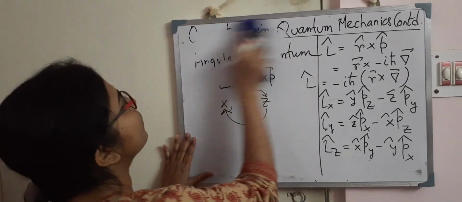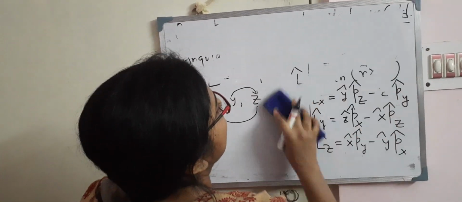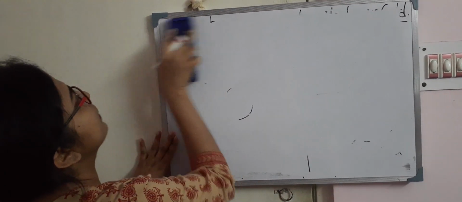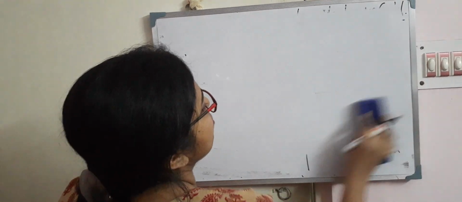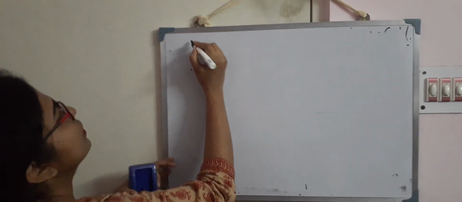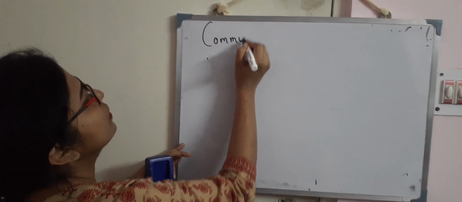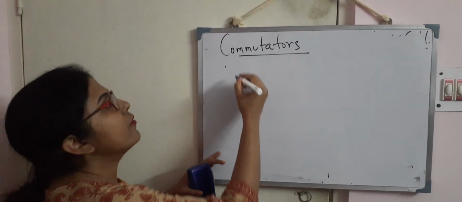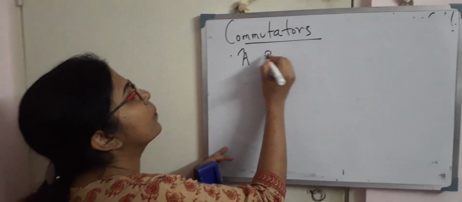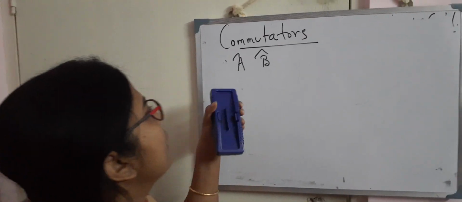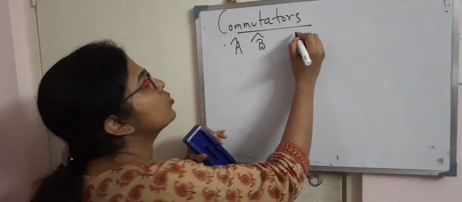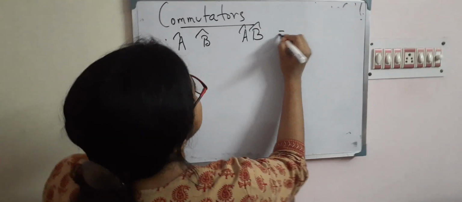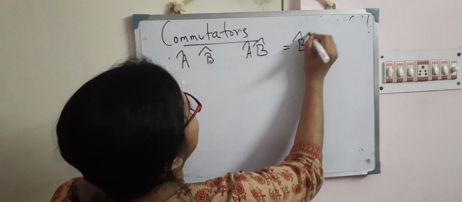We will talk about what commutators are, and about the commutation relation of different operators. Let us talk about commutators. What is meant by that? If you have an operator A cap and another operator B cap, then these two operators are said to commute with each other if A cap B cap is equal to B cap A cap.